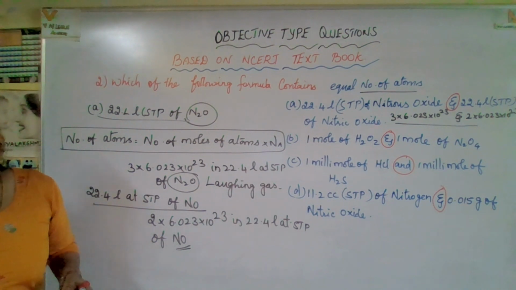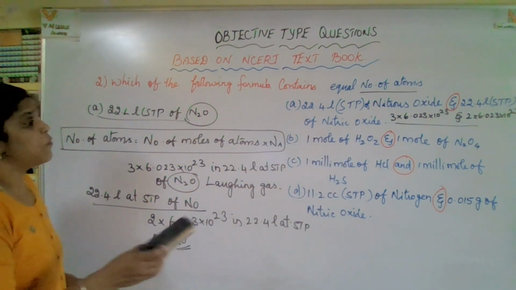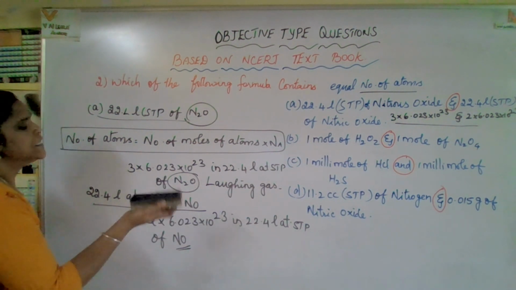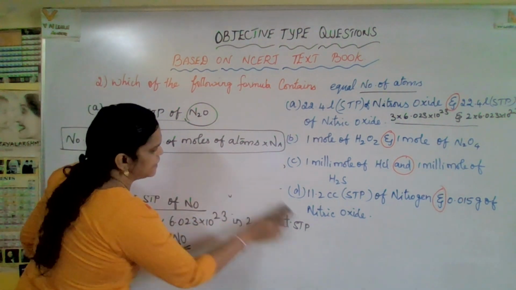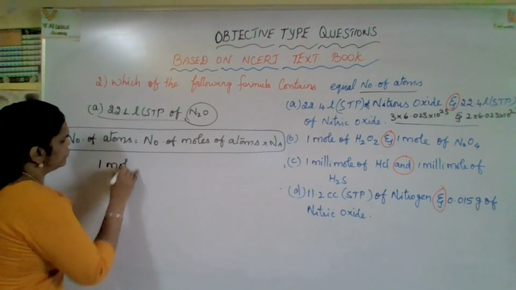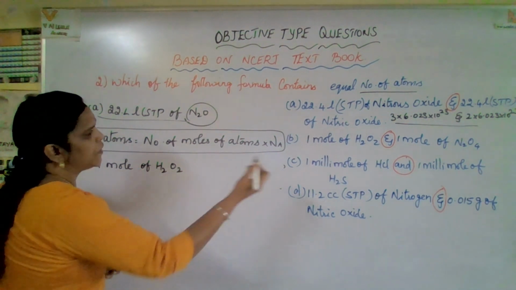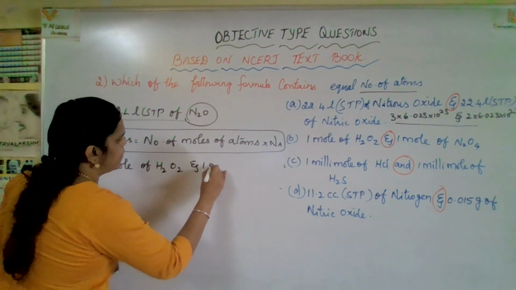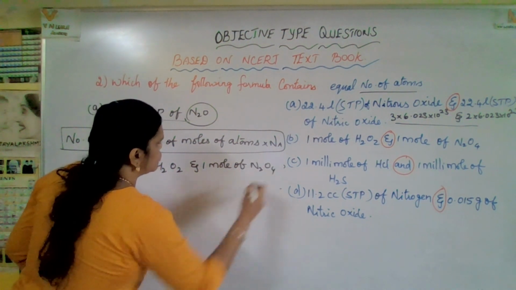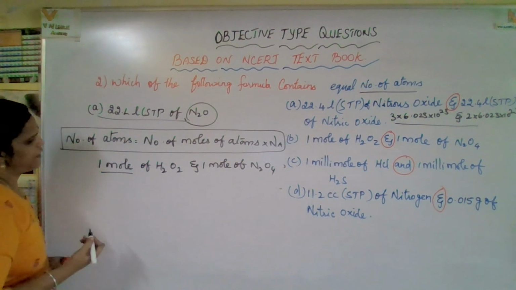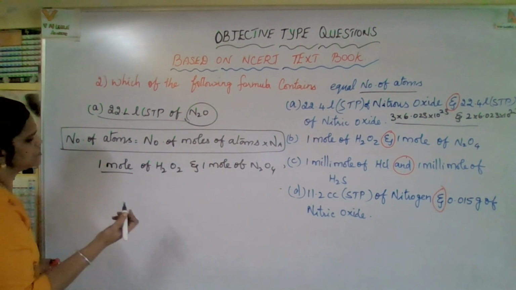Yes, the next question: what do they mention? 1 mole of H2O2 and 1 mole of N2O4. Yes, let us go and identify. Here, 1 mole of H2O2 and 1 mole of N2O4. Here only 1 mole they have provided, so we need not identify the number of moles, right?